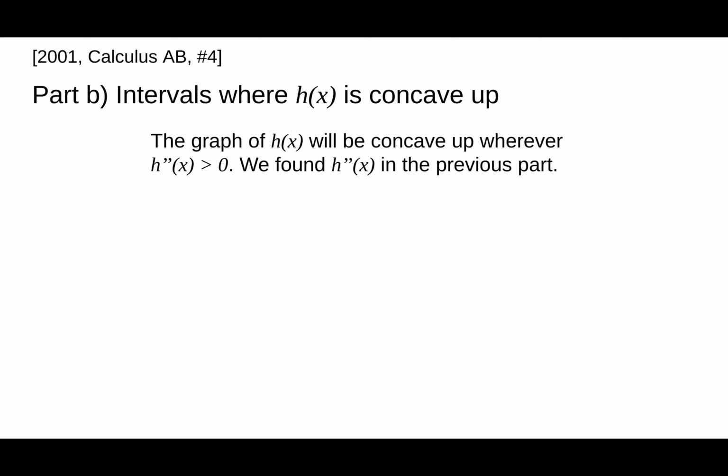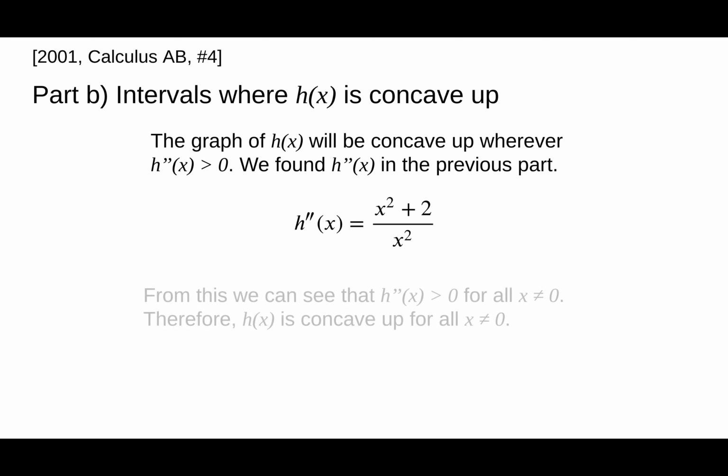Now, we were given the first derivative in the question stem, and we found the second derivative in part A in order to determine whether h had maxima or minima at its horizontal tangent line points. So we already have a formula for h double prime of x. We can import that and use it again here. So our formula again for the second derivative of h is x squared plus 2 over x squared.